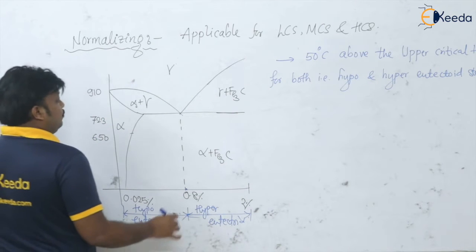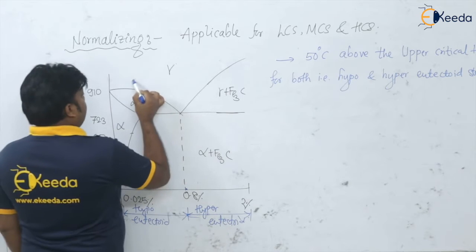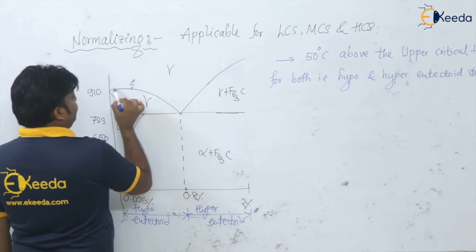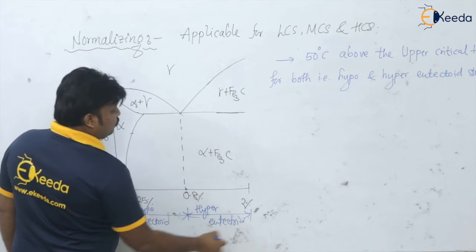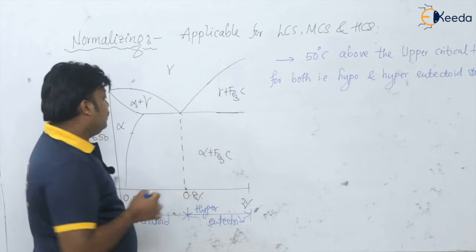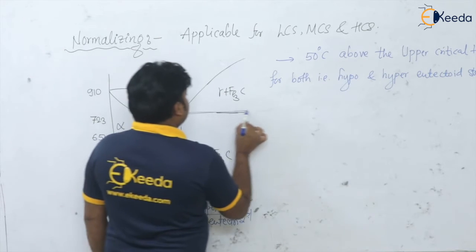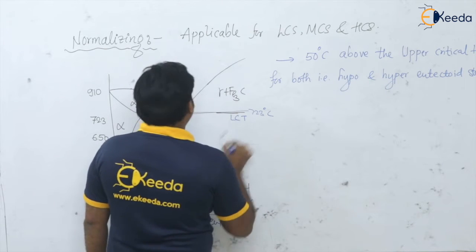So the upper critical temperature for the hypoeutectoid steel is nothing but the A3 line. This is the upper critical temperature, and for hypereutectoid steels this ACM line is the upper critical temperature, and of course this line, 723 degrees centigrade, is our lower critical temperature, isn't it?